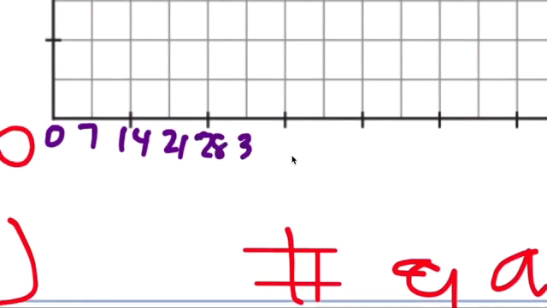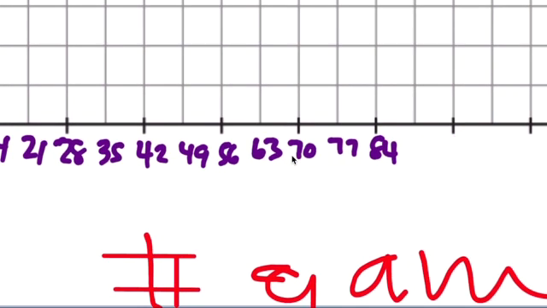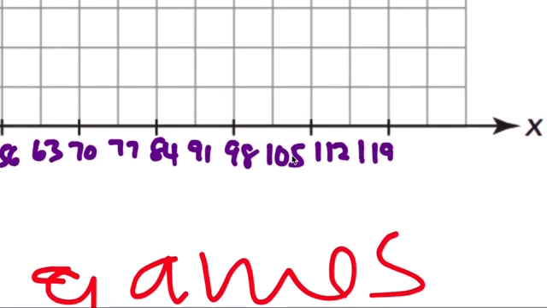28, 35, 42, 49, 56, 63, 70, 77, 84, 91, 98, 105, 112, 119, keep adding 7, I hope I add 7 correctly, 126, 133, something like that.